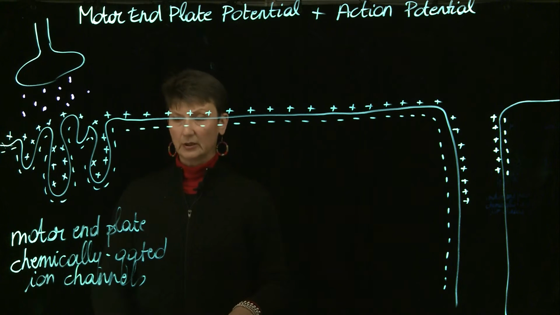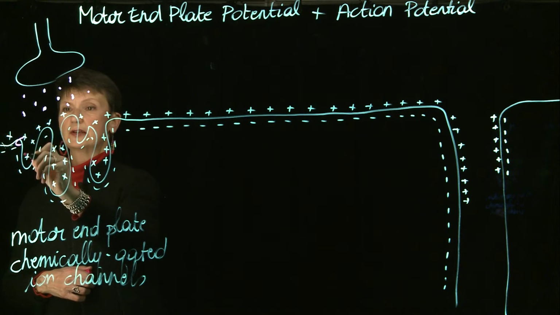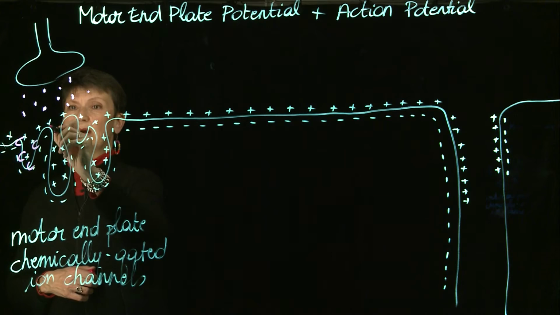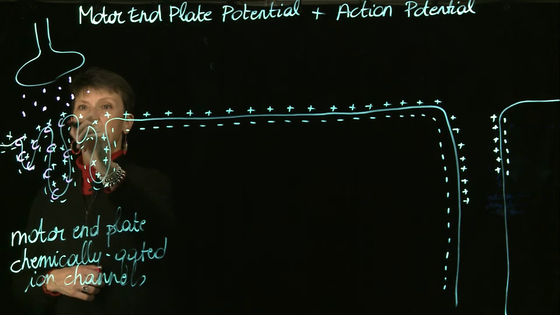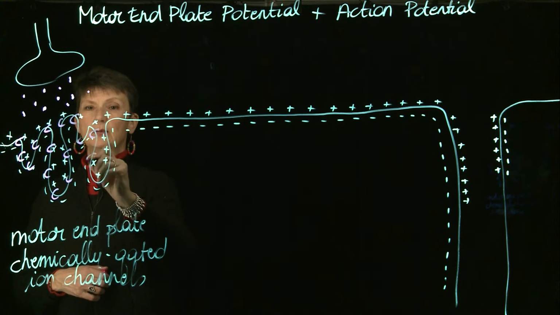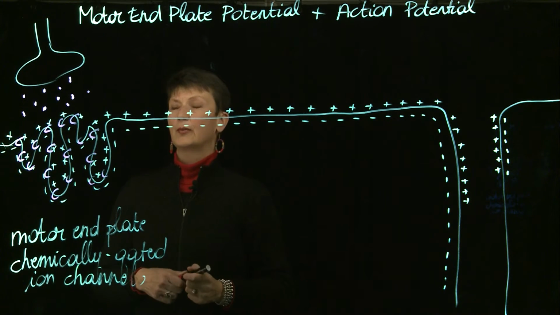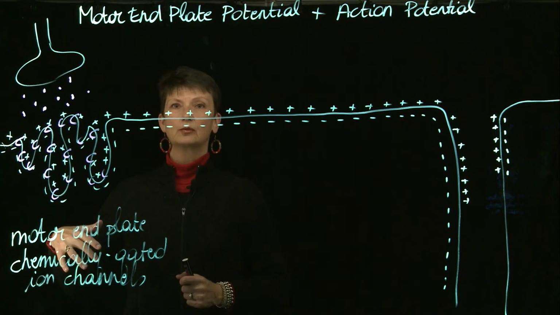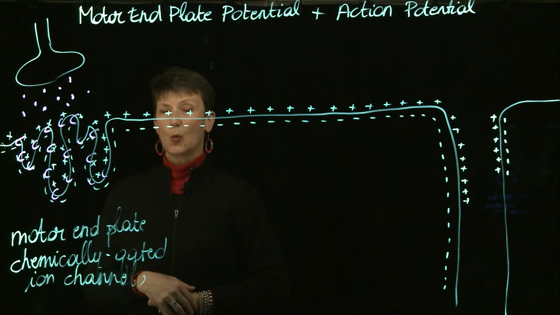Allow me to indicate these channels with the letters C everywhere to remind you that these are chemically gated ion channels. And remember too that they're going to allow for primarily sodium to rush in and some potassium to rush out when acetylcholine binds.